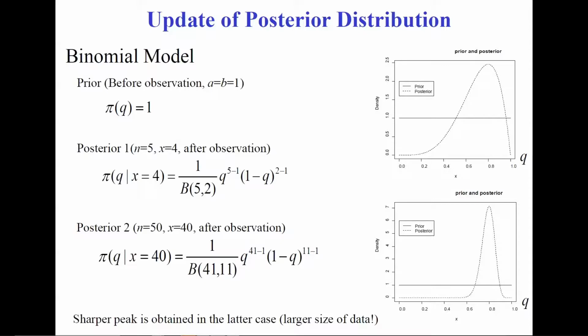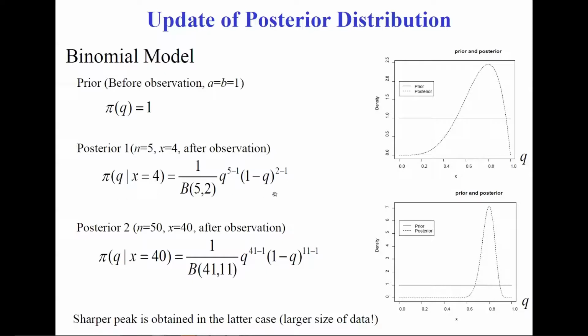Then we obtain n equal 5 and x equal 4 observation. The posterior distribution of the parameter q is given by this beta distribution. We have used the convenient formula to calculate the posterior distribution.